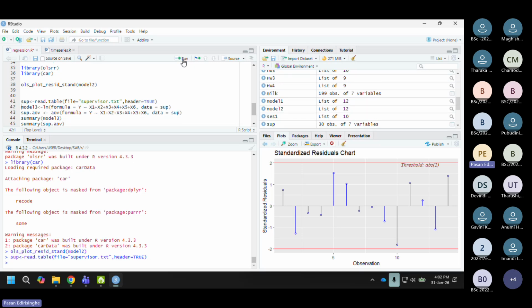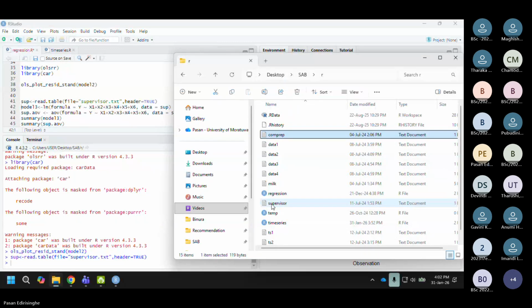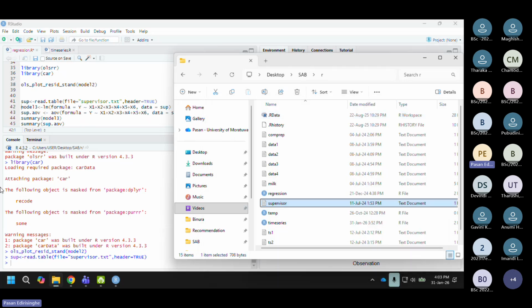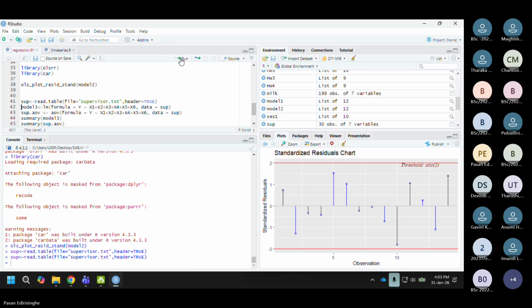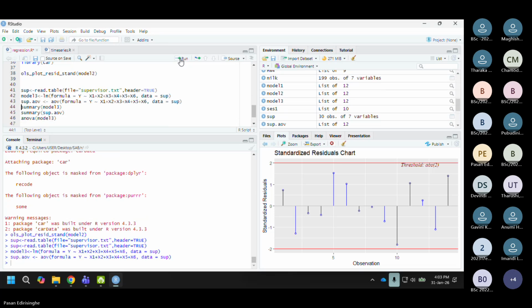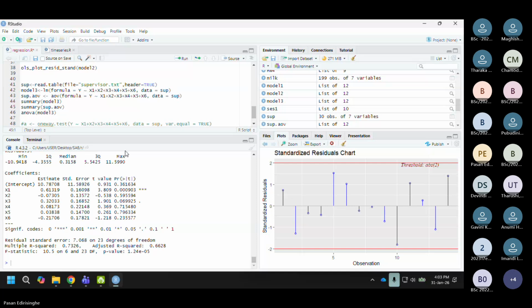And this is another data set, the supervisor data set. So I will get 6 variables there, or 7 variables. And that is the output for this data set.